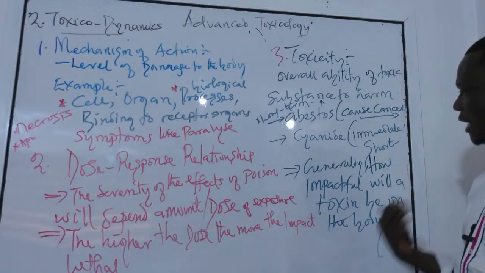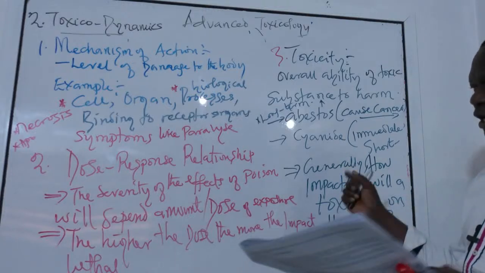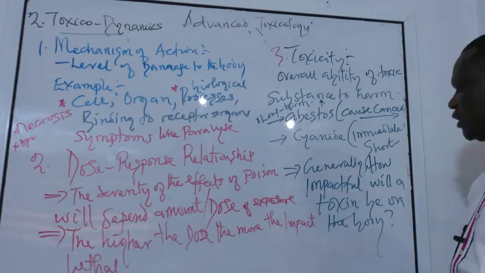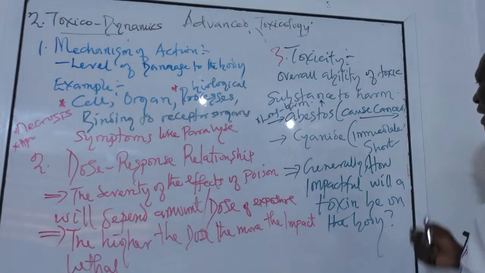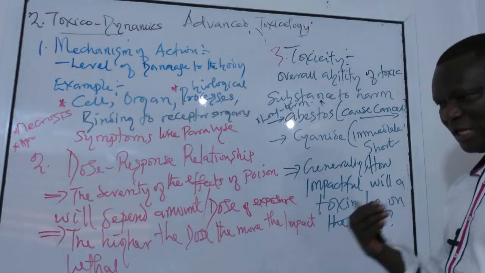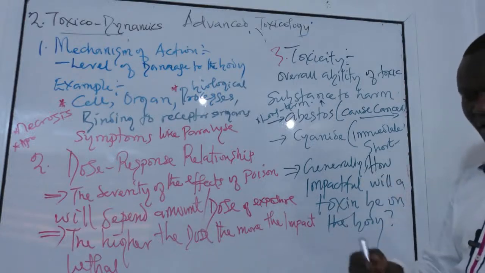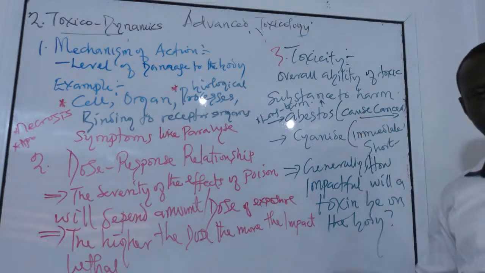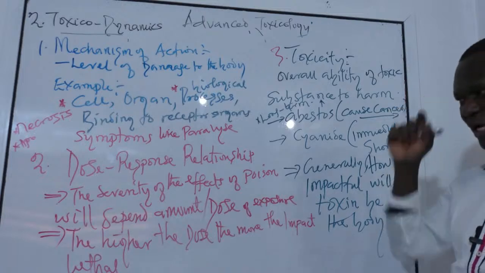I told you that the summary of the question you are asking about toxicokinetics is that you are trying to tell us about the journey. How is the journey of a toxin going to be from the starting point to the end point, which is the point at which the body is going to eliminate it?